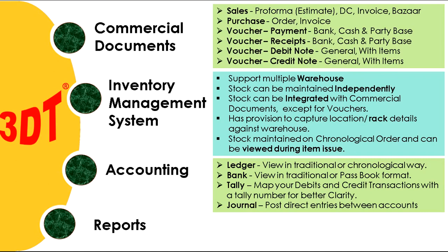So these transactions could be mapped with a tally number, and when you look at the transaction details after 6 or 7 months, you would be in a position to tell how you have settled the payment for that specific bill number.